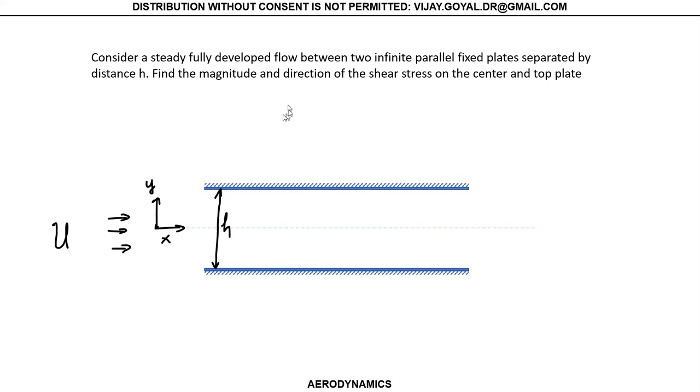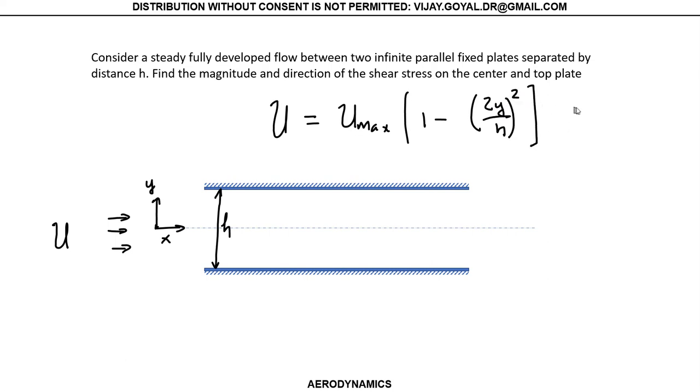What is also given in the problem is that your speed is given by u max times 1 minus (2y over h) squared, where u max is equal to 30.30 meters per second.